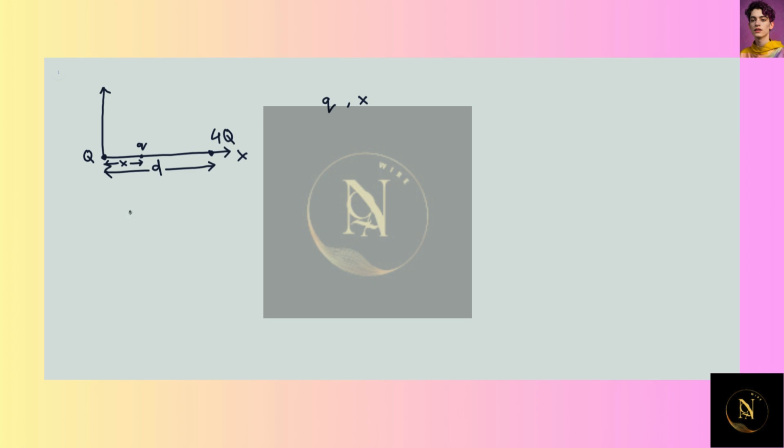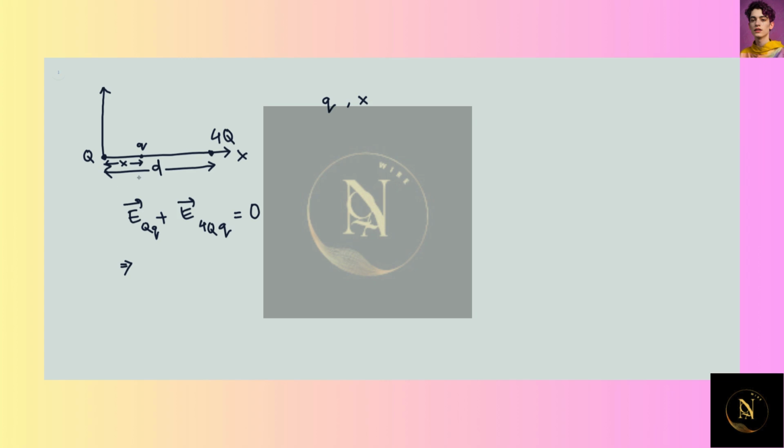This means that the electric field by capital Q on small q, plus the electric field by the charge 4Q on small q, will be equal to 0. Basically, the net electric field at this point x due to these two charges will be equal to 0. Hence, by superposition, the net electric field will be the vector sum of those two electric fields.